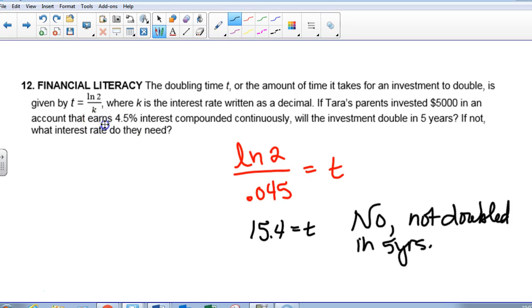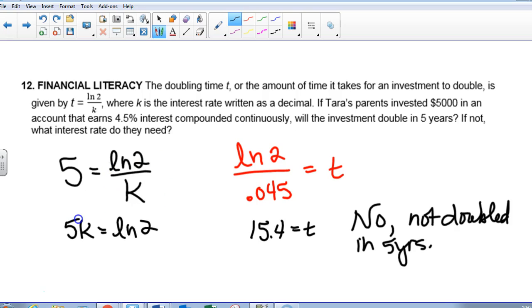How could we figure out what interest rate she needs to earn to be able to double it in 5 years? Can we just rearrange this formula? She wants 5 years here, right? So can't we just do a little rearranging of that? If we did K equals ln of 2 divided by 5, K would be what?